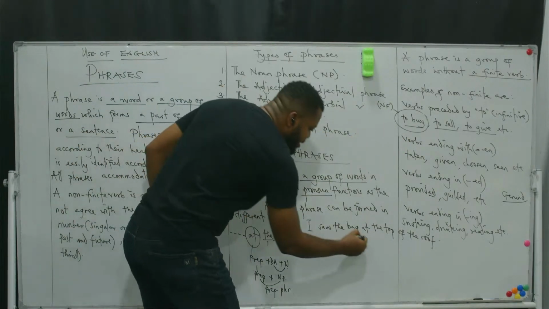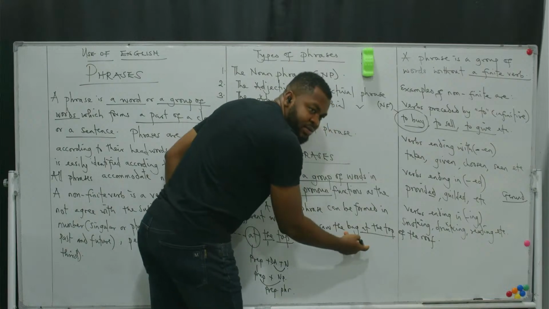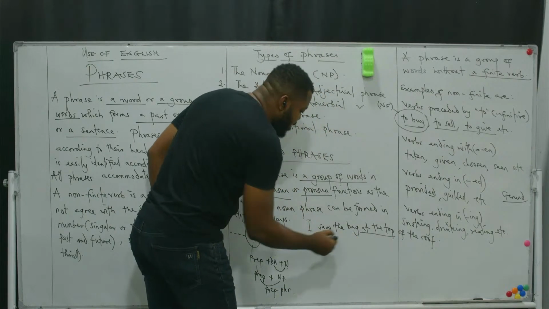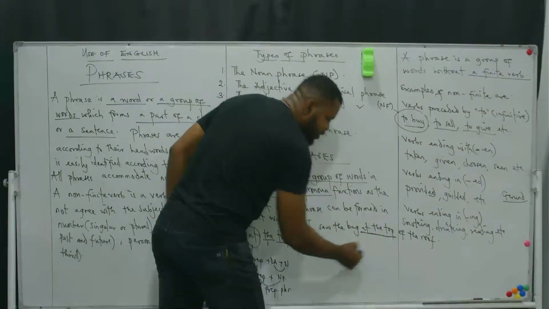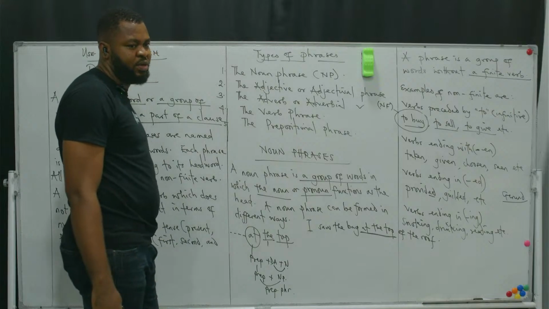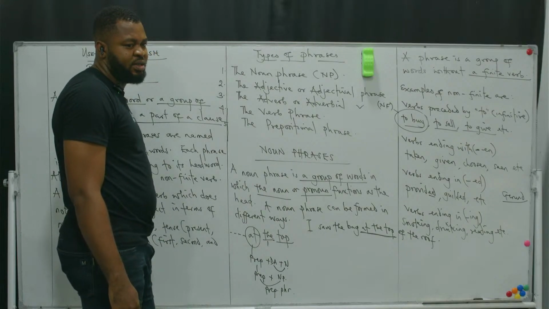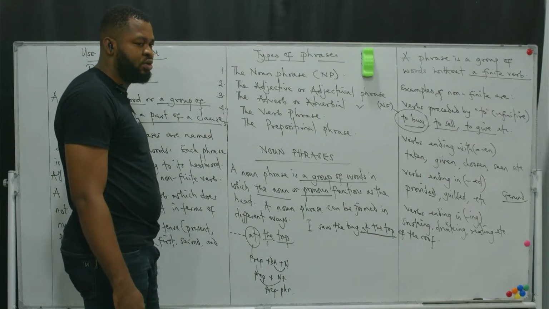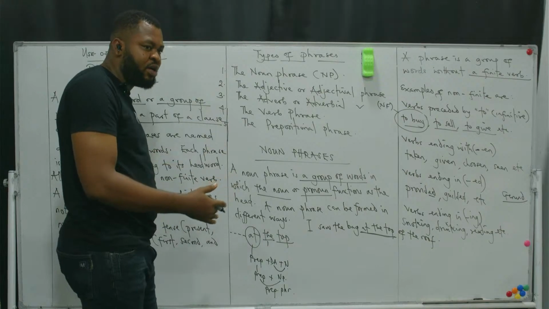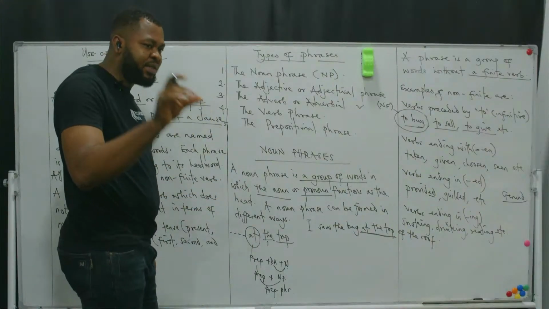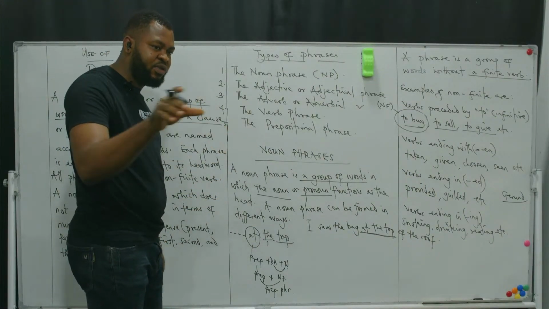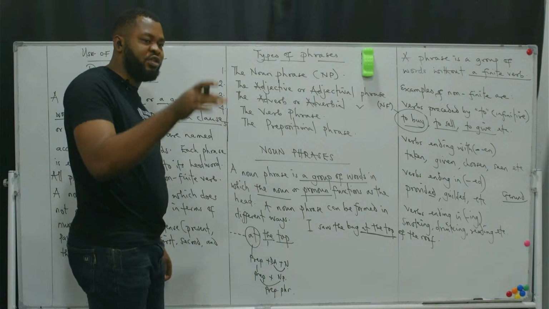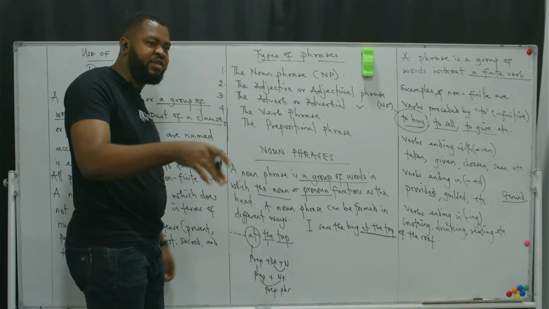And then I said, what grammatical name? Are you with me? What grammatical name is this underlined portion, at the top? No, that would be a prepositional. No, not the function yet. The grammatical name first. It's after the grammatical name that you now look for the function.